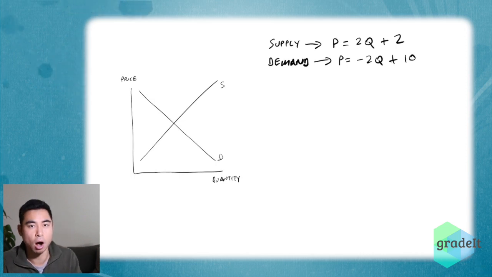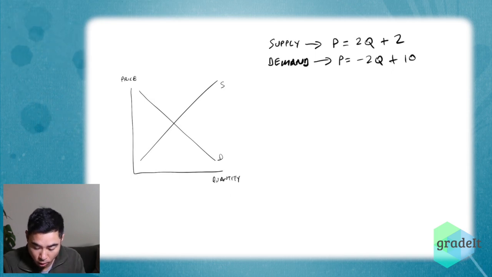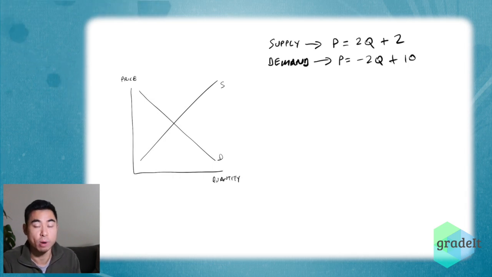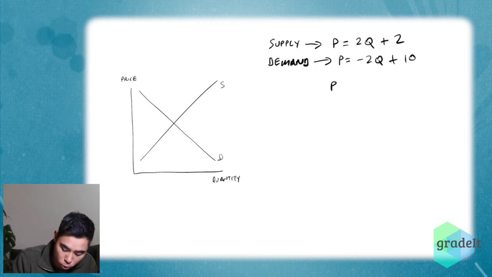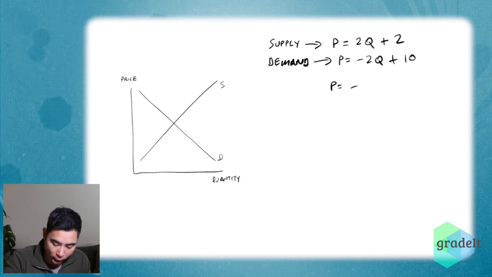Okay, so like I said, these are very specific equations. I'm putting a numerical value on my coefficient on q. I'm also putting a numerical value on my y-axis intercept, but you could equally have called your demand curve p equals, say, minus aq plus b, to leave that in all algebraic form.